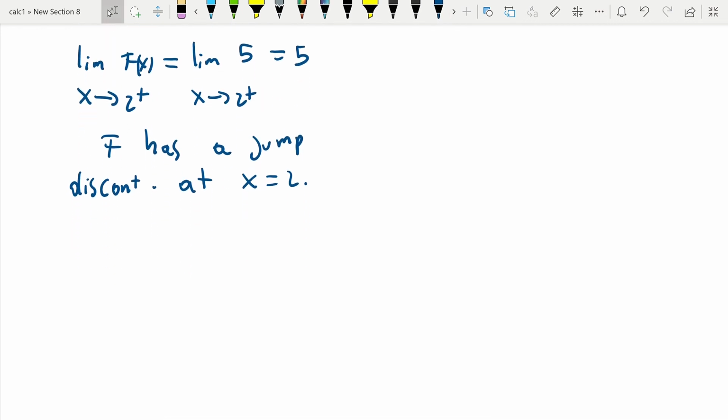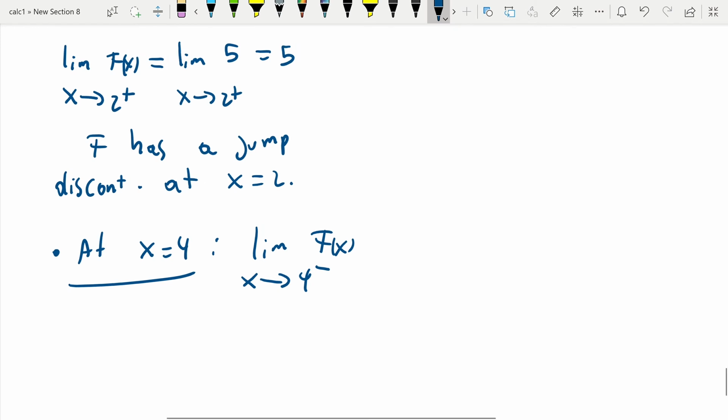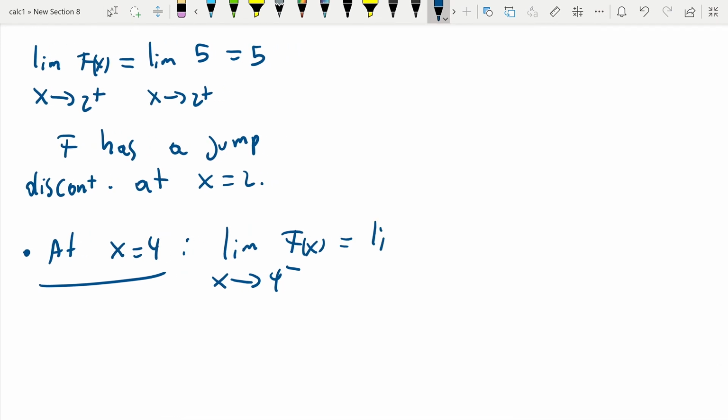Now if we do the same thing at x equals 4, we see that the limit of f of x as x approaches 4 from the left, excuse me, 4 minus. Why?